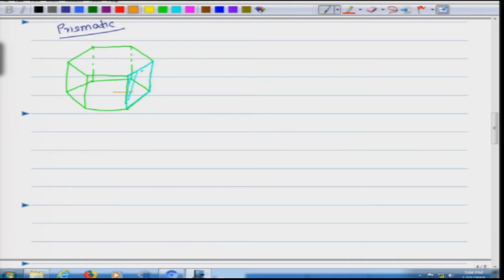And just to remind you again, this is A1, this is A2, this is A3, and this is the C direction. This is what is called the first order prismatic plane. What we are interested in are the reciprocals.